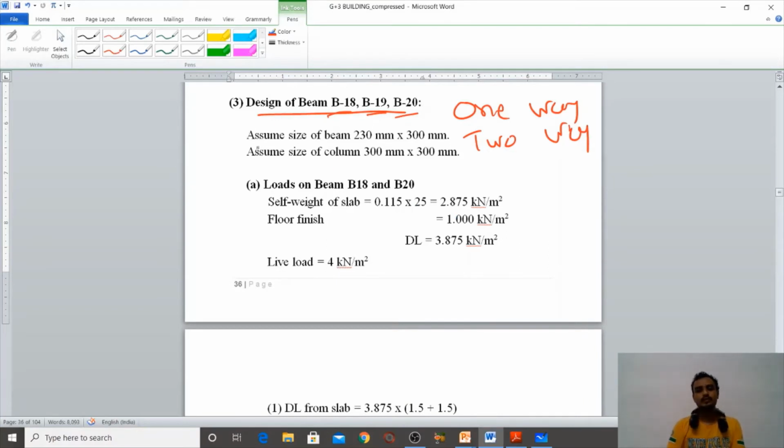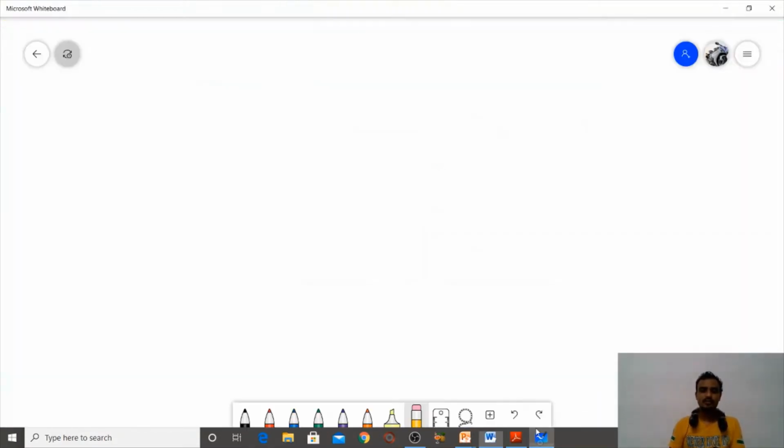First of all, we have to assume the size of beam and size of column. We assume the size of beam is 230 mm by 300 mm or 300 mm by 300 mm. And then after, we have to calculate the load on a beam. So what loads are on the beam?